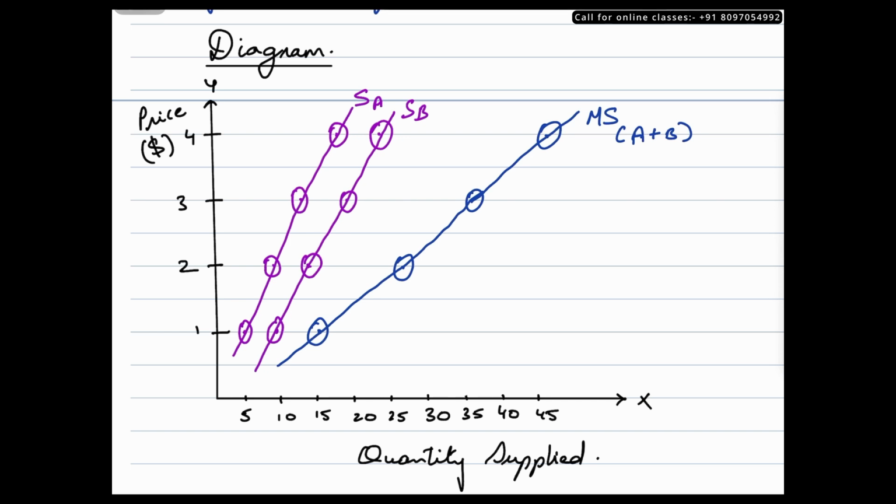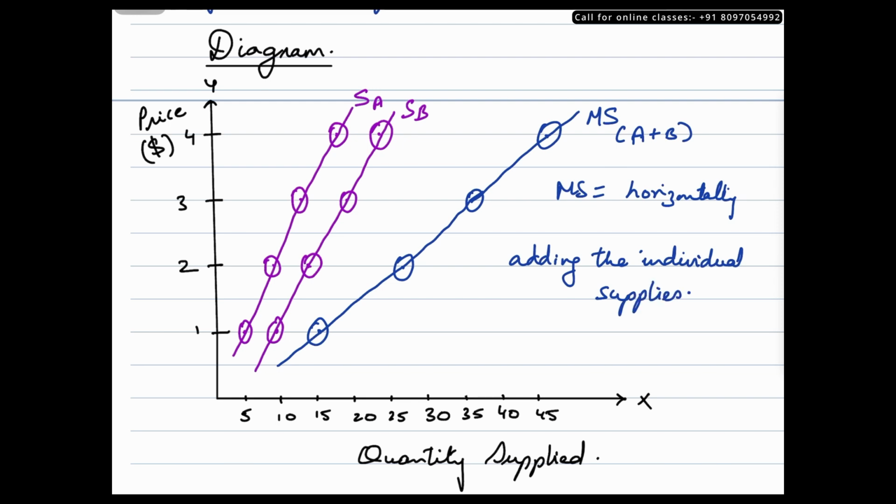Another thing that we need to remember is market supply is obtained by horizontally adding the individual supplies. Now what that means is this. Let us take an example. At price 2, supply from individual A is this much, which is 10, and supply from individual B at price 2 is this much, which is 15.